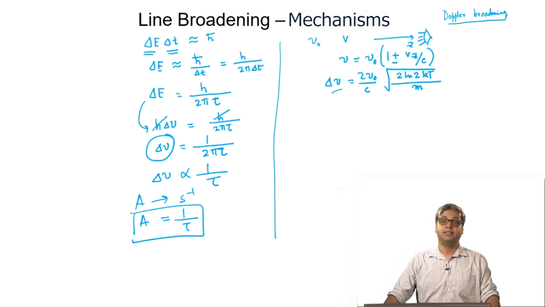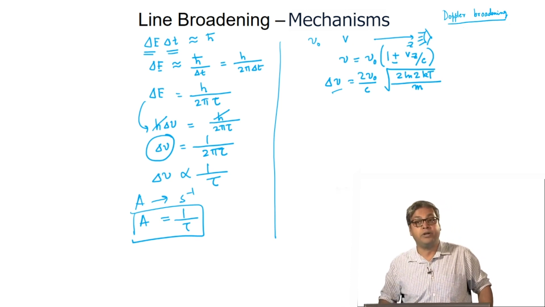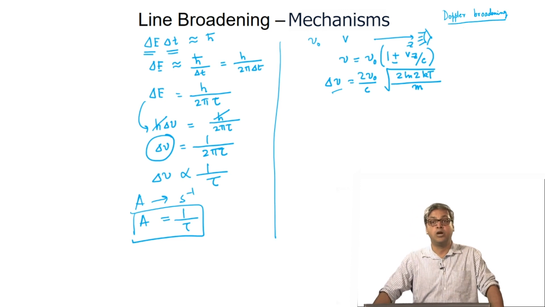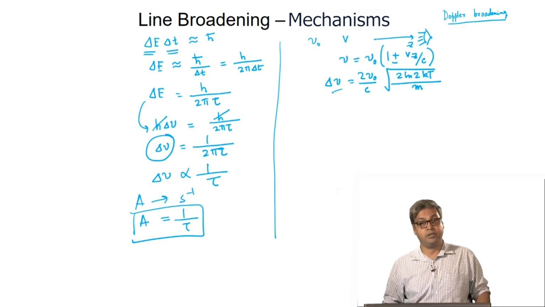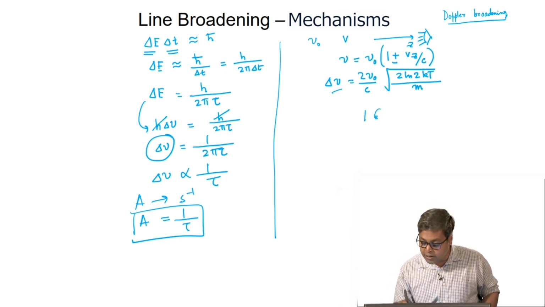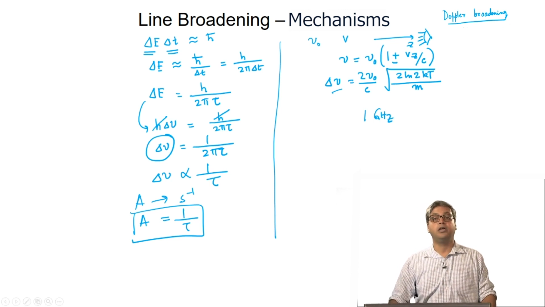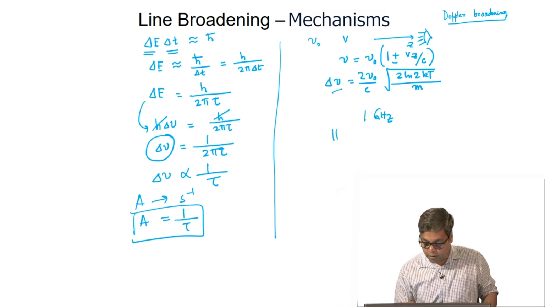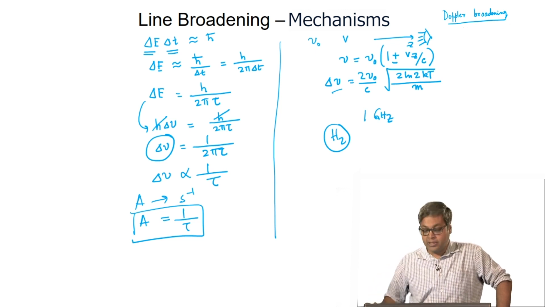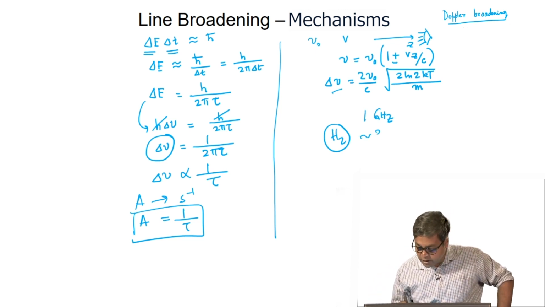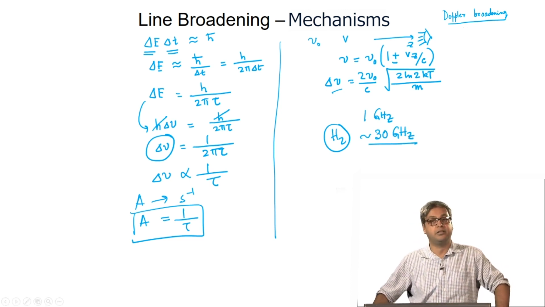We can see that the Doppler width is proportional to the square root of temperature and inversely proportional to the square root of mass. For example, the Doppler width is 1 gigahertz for a UV visible transition at room temperature. However, for hydrogen the mass is small and the Doppler width is much bigger, approximately 30 gigahertz.